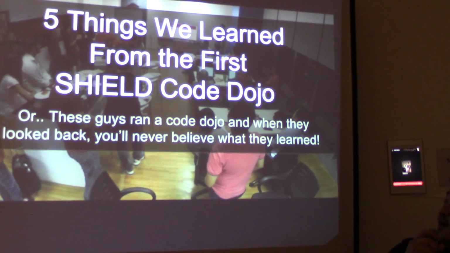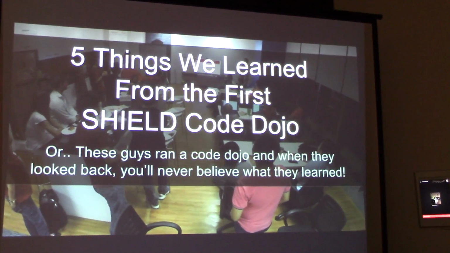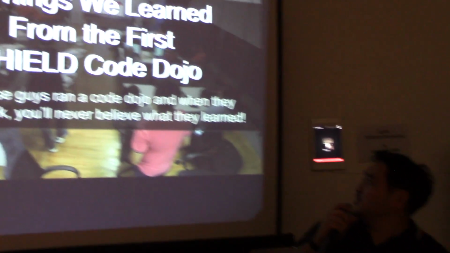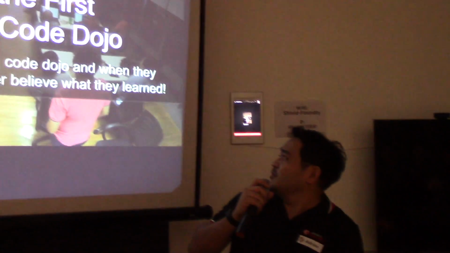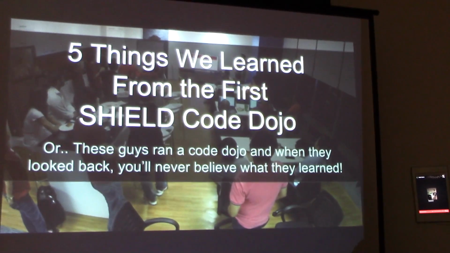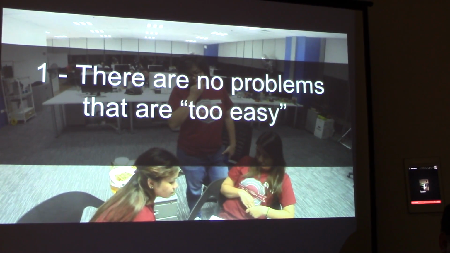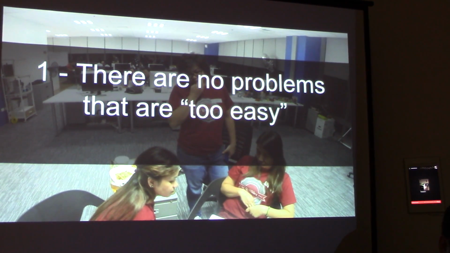So, the 5 things we learned from the first Shield Dojo, or these guys ran a Code Dojo and when they look back, you'll never believe what they learned. Number 1, there are no problems that are too easy.